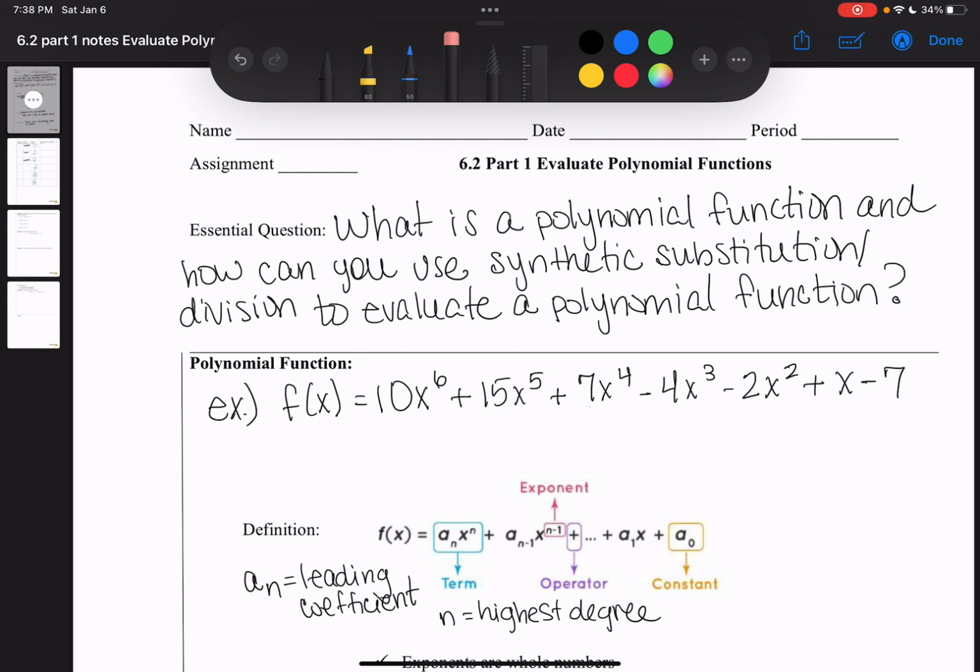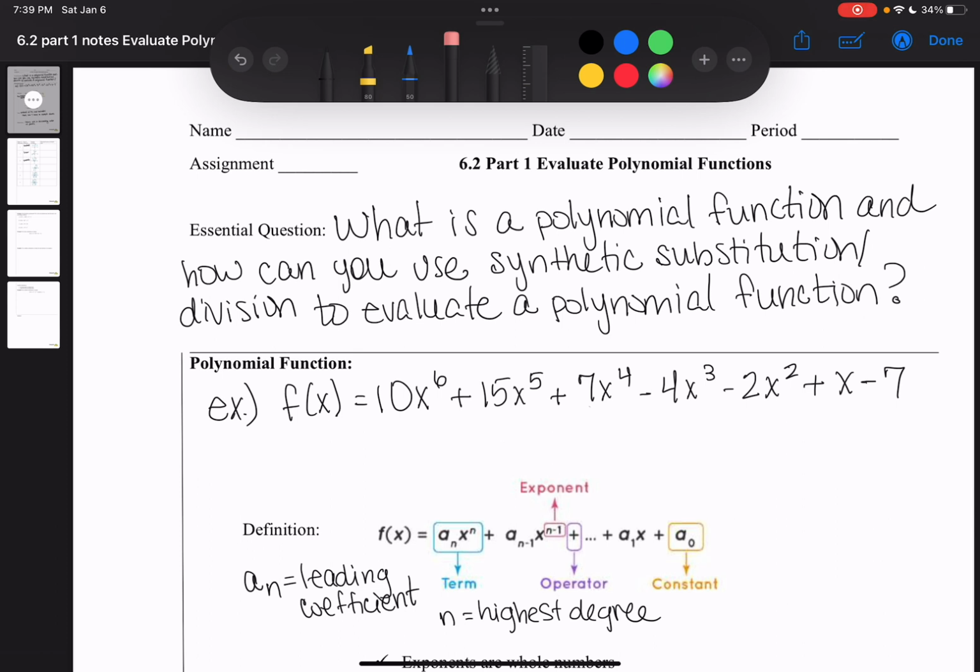The terms in between could be written, for example, after a sub n minus 1 times x raised to the n minus 1, as a sub n minus 2 times x to the n minus 2. Basically, that's going to be your 7x to the 4th term, because if we take our degree of 6 and subtract 2, we get a degree of 4.